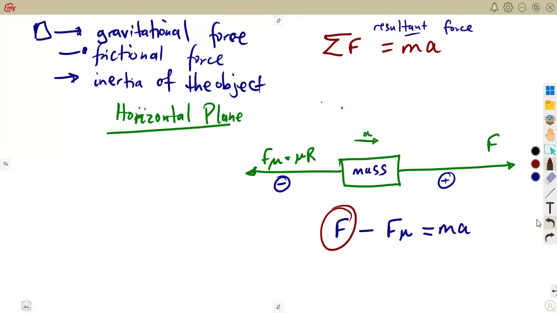So this F is the total applied force, taking into account the resistance, your frictional force. Whenever you are saying it's the resultant, you are combining everything, and it must be equal to MA, mass times acceleration. In every case, this is when you are having a horizontal plane. You also have to consider if you are on another type, maybe against an incline.